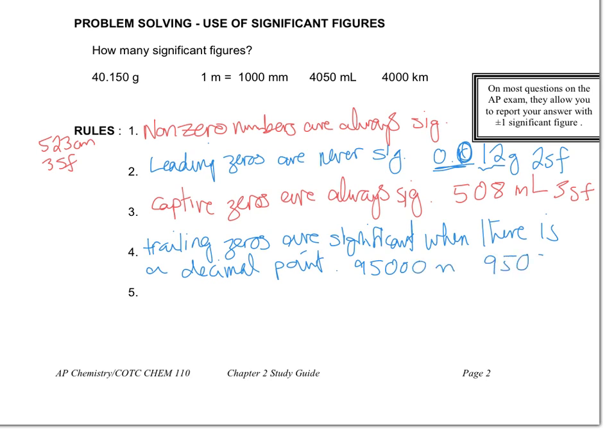I can write it this way or I can write it this way. If you have a decimal point, like here, then that makes the trailing zeros significant. So those are all significant, so this number would have 5 sig figs. If you do not have a decimal point, then the trailing zeros are not significant. So that means those are the only significant ones, so that is 2 sig figs.